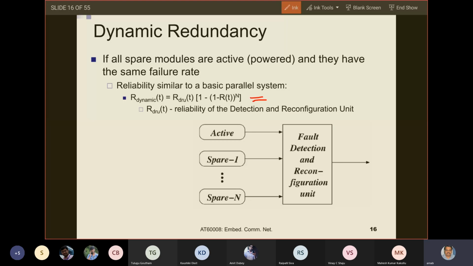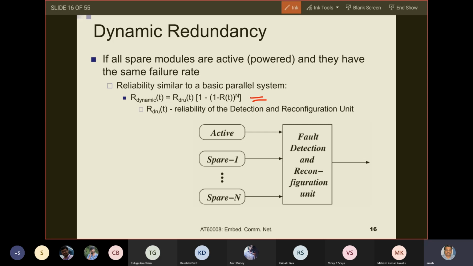We are just thinking that all these spares are essentially running in parallel. If any of the spares is working correctly, then your system will be okay. And R_DRU is the probability that the fault in the active will be correctly detected.